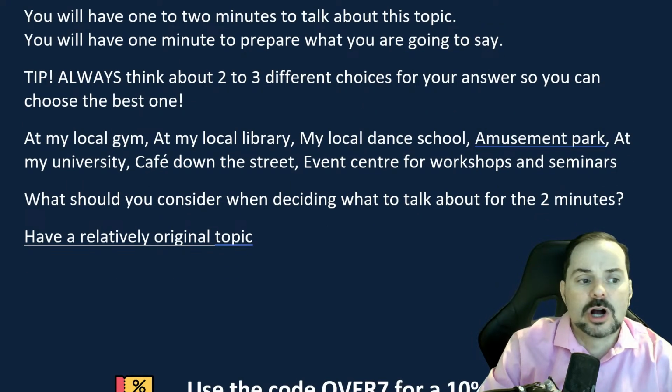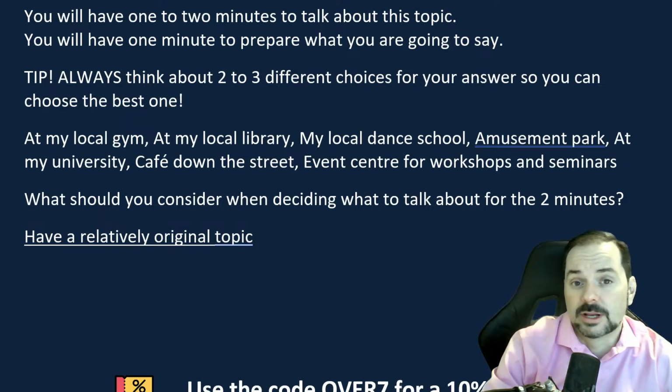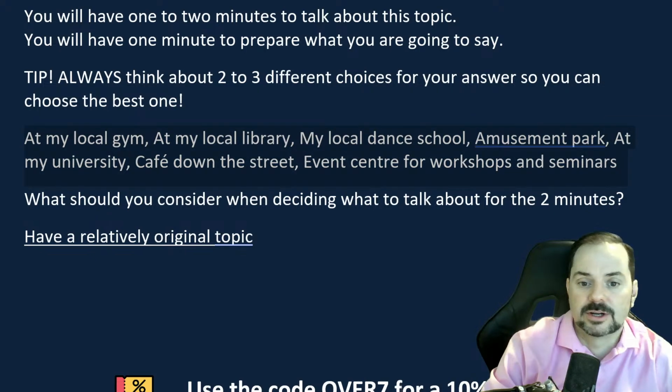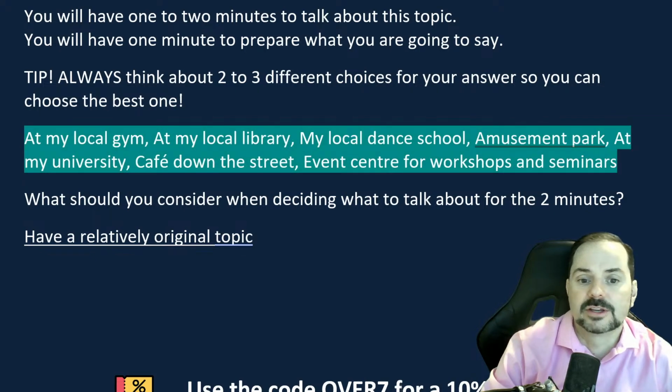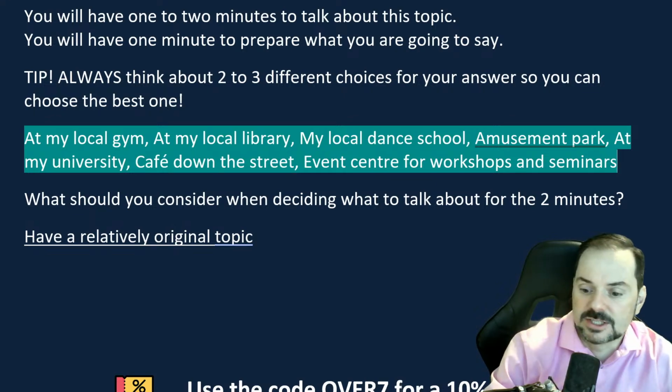Which of these topics, at my local gym, at the library, the dance school, amusement park, university, cafe down the street, which one of these do you think a lot of students would pick, and it might sound kind of repetitive or even somewhat boring for the examiner? Which one of these topics do you think would be kind of like, heard it, not so exciting, not so interesting? It sounds almost like everybody's just memorizing this.